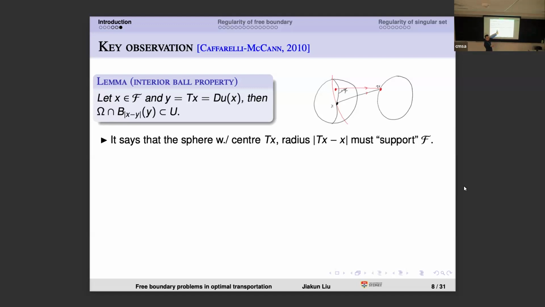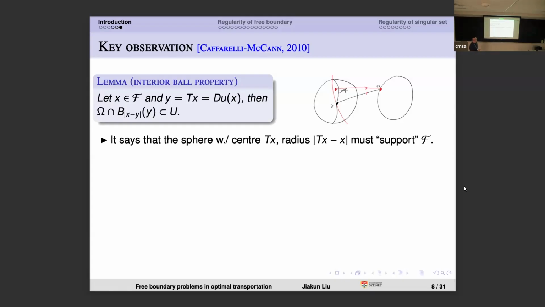So such a sphere cannot cross the free boundary. At every point you have a supporting sphere. So basically it tells you the free boundary is already semi-concave, or semi-convex, depending on which direction you look at it.